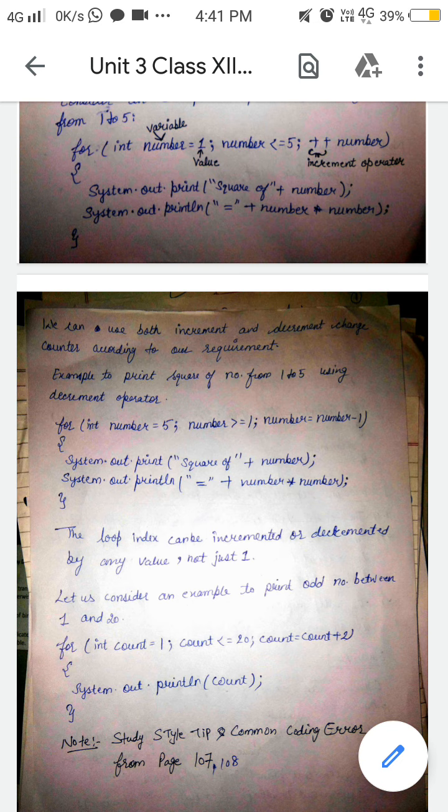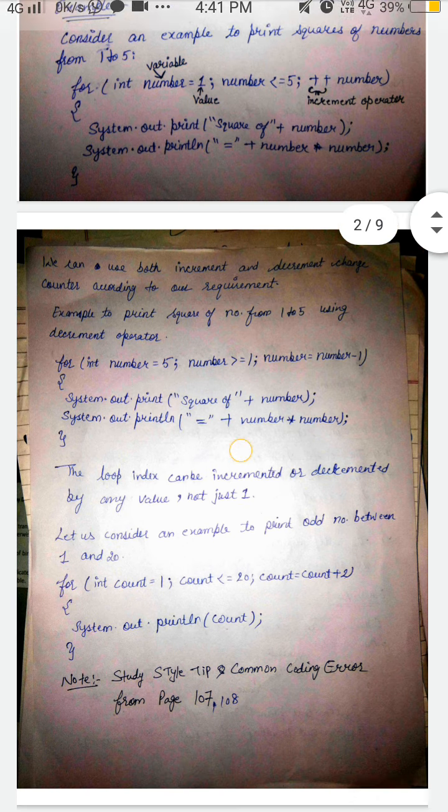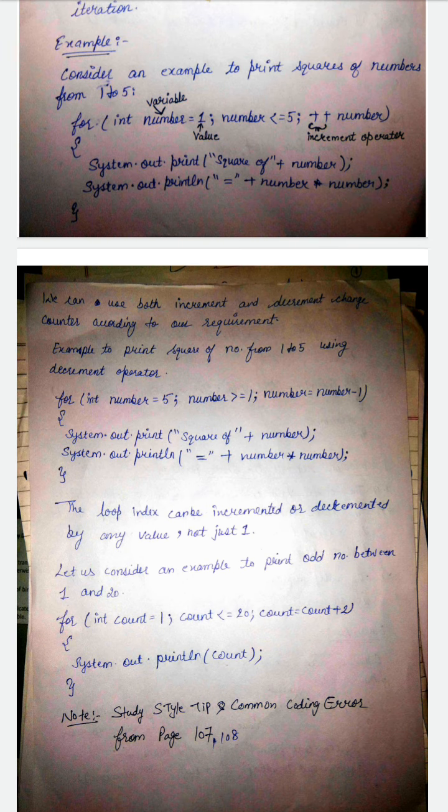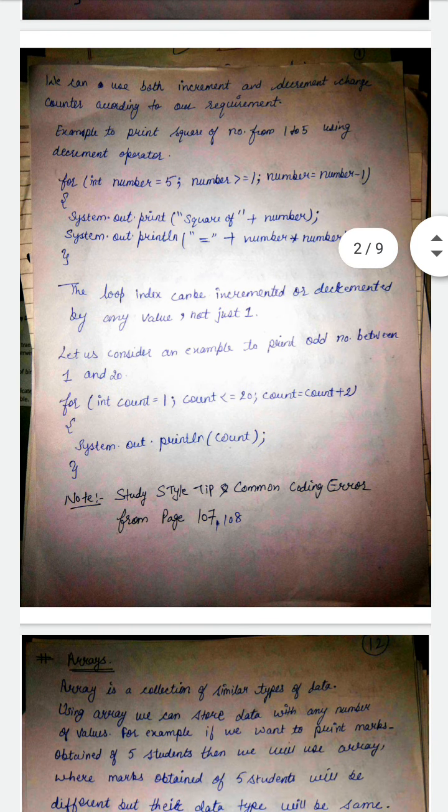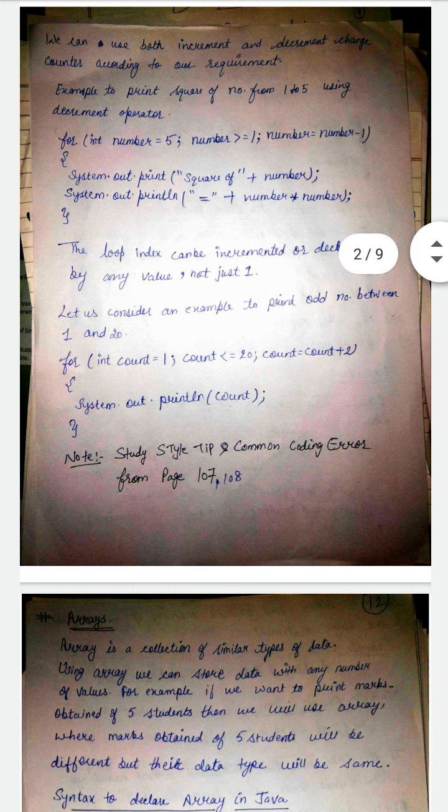Now we can use both increment and decrement in the change counter according to our requirement, which I told you earlier. In this change counter you can use the plus plus operator and also the minus minus operator for increment and decrement. Now an example to print the square of numbers from 1 to 5 using the decrement operator. Some changes will come as we are using the decrement operator.